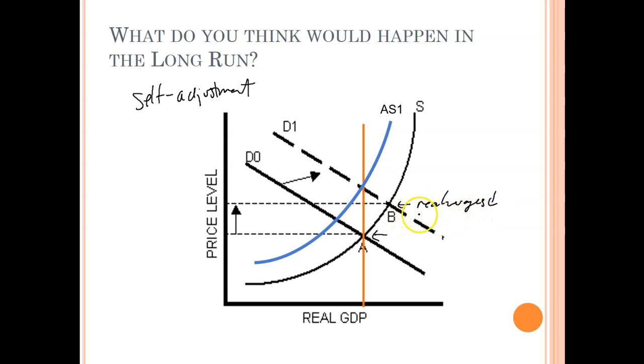All these people are going to say, hey, pay us more. And so that's going to naturally shift us back to our potential output. So this is the long-run equilibrium. It's not the same equilibrium because we were at point A, now we're at, let's just call that point C. So we have a new long-run equilibrium that we're talking about. Still the same output, but at a higher inflation rate.